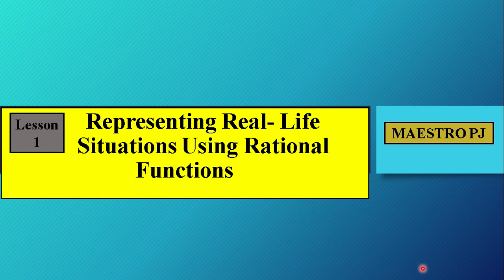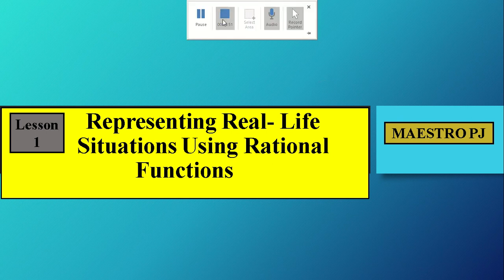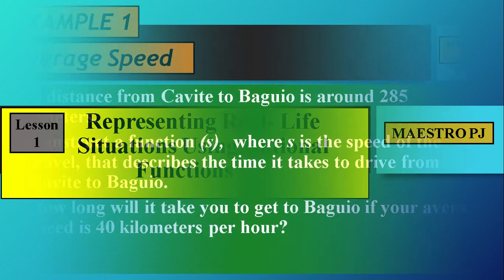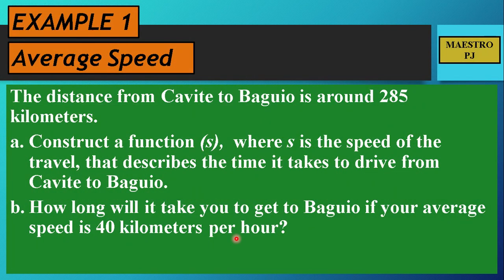Ganon din, alam nyo na kung ano ang rational function, at alam nyo na din yung mga examples and non-examples of rational functions. Okay, so proceed tayo dito sa representing real-life situations using rational functions. For our first example, rational functions can be applied to average speed.